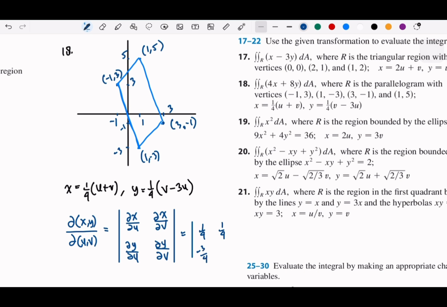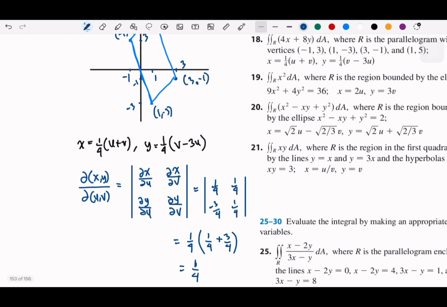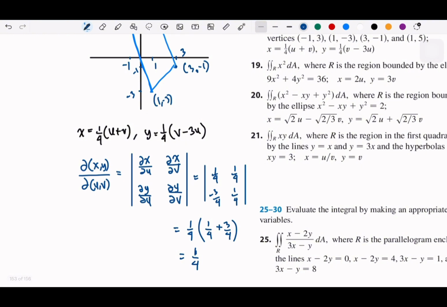And then the last one will be 1 over 4. So take this determinant. We are going to have 1 over 4, because both are 1 over 4, so 1 over 4 times (1 plus 3) over 4, so 1 over 4. Or you could just cross multiply, but I would like to factor out 1 over 4 because they both have 1 over 4. So this is our Jacobian value, which is expected to be multiplied.